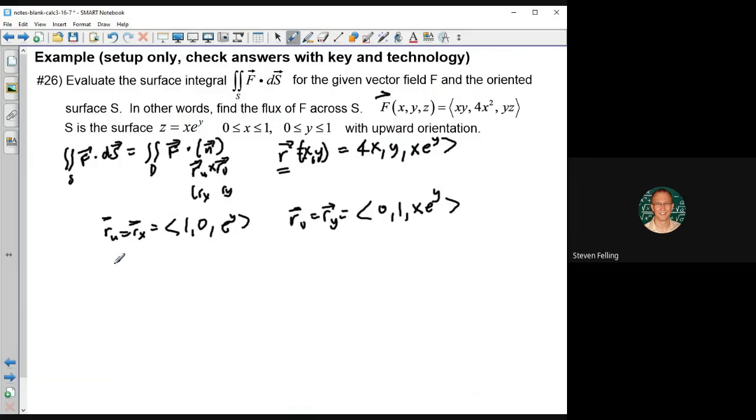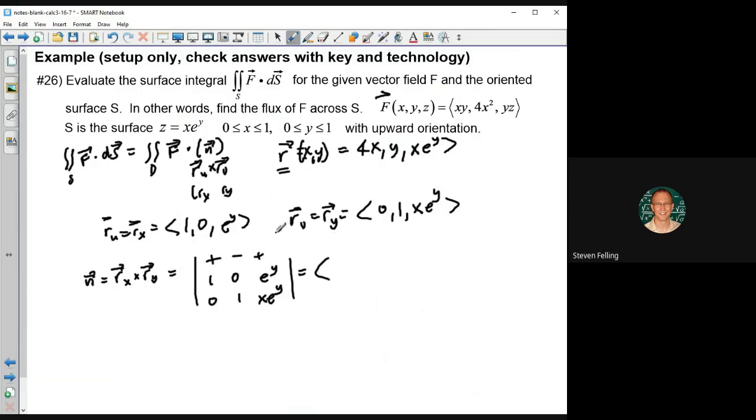And now I'll compute the normal vector, ru cross rv, in this case rx cross ry. So we've got our rx, which is 1, 0, e to the y, and ry, which is 0, 1, x e to the y, with the plus, minus, plus pattern.